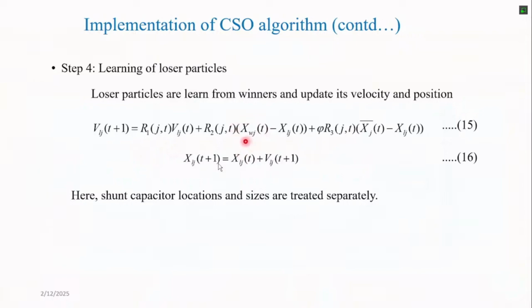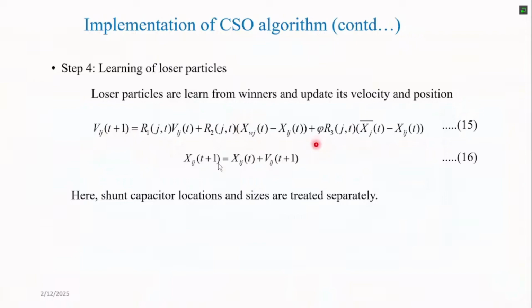If you see, x of wj indicates the winner position, x bar indicates the mean value, and x of lj indicates the loser value. Based on this, its velocity will update. Another parameter is also related, phi, known as the social factor.